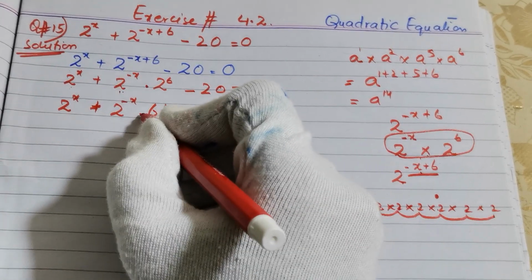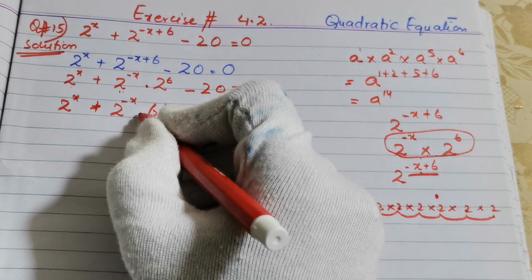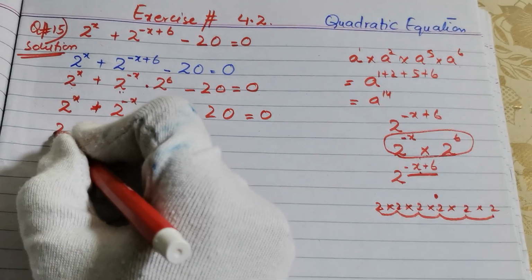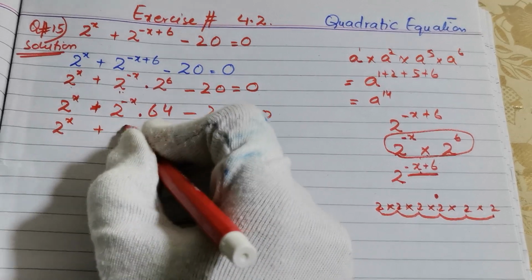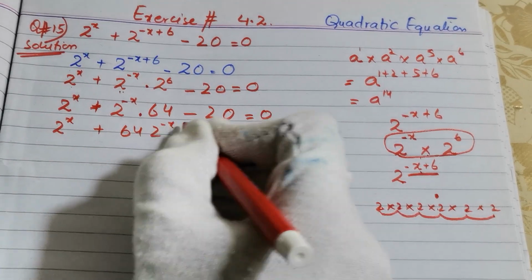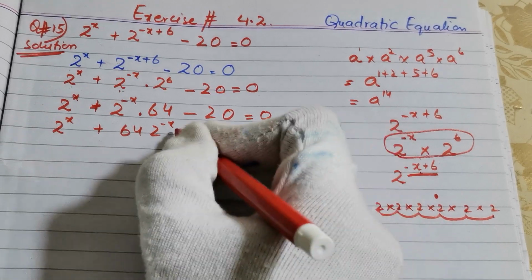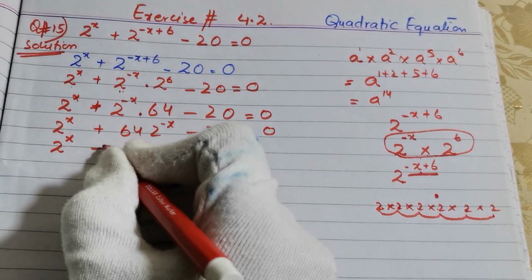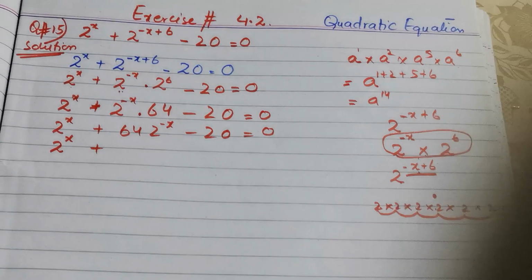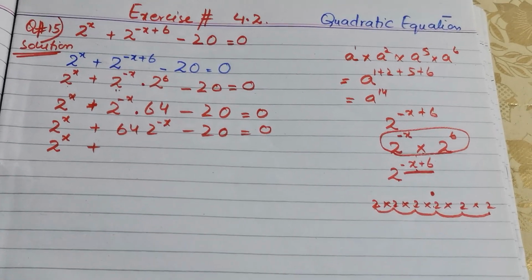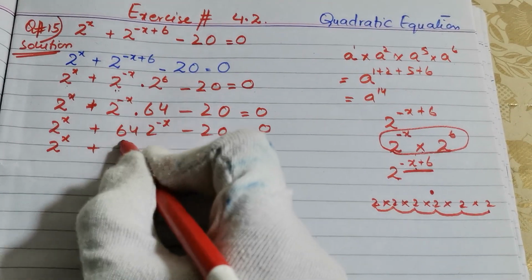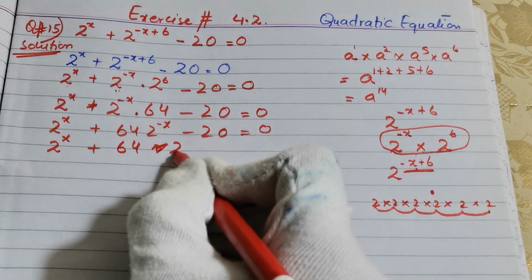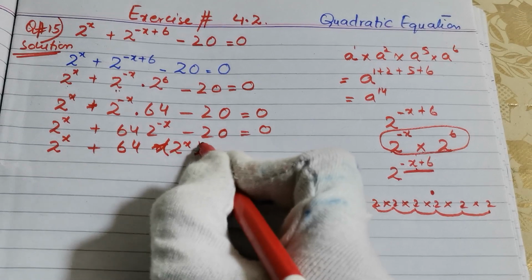This is not a point, this is a dot product. Now we can write 2^x + 64 · 2^(-x) - 20 = 0, so 2^x + 64 · 2^(-x) - 20 = 0.